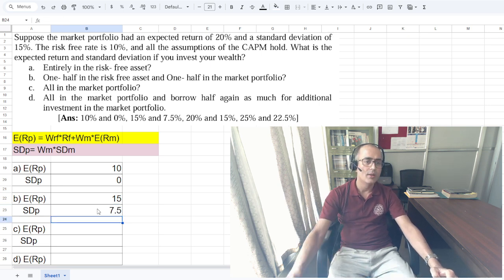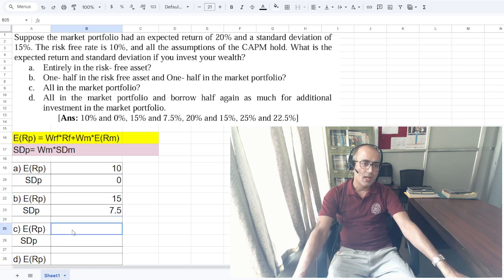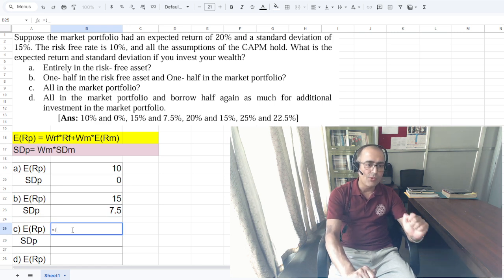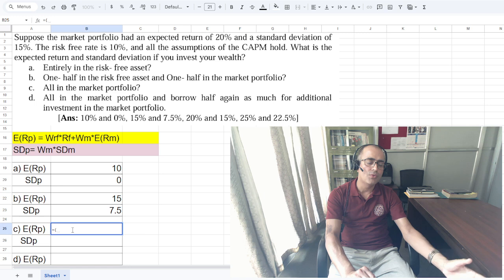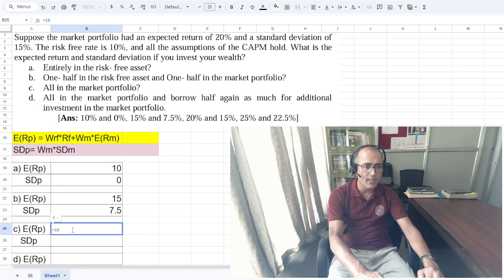So 7.5%. Now in case of C, all in the market portfolio, that means if you have invested all in the market portfolio, the risky assets, then 0 weight would be in the risk-free, 0 into 10 plus 1 into 20.